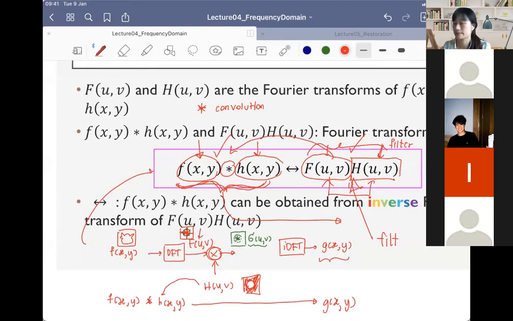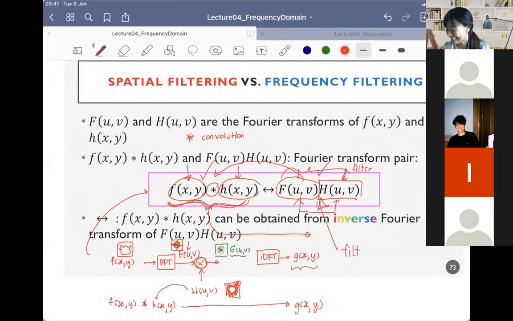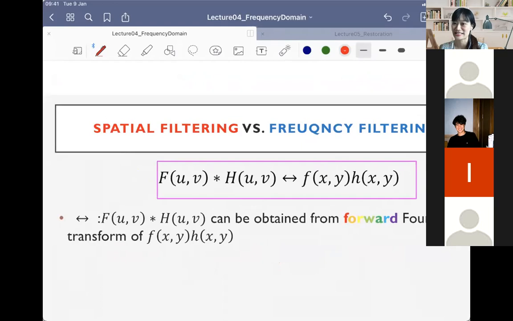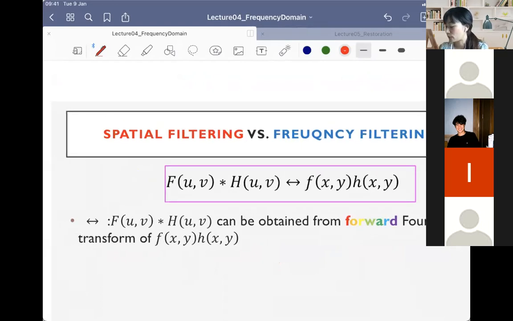So if we convolve in the spatial domain, it's like filtering in the frequency domain, right? Yes. How about if we convolve in the frequency domain? Is that possible? Yeah, it's actually the same. When you convolve in the frequency domain, you will also get the multiplication in the spatial domain of the original image and the transfer function.